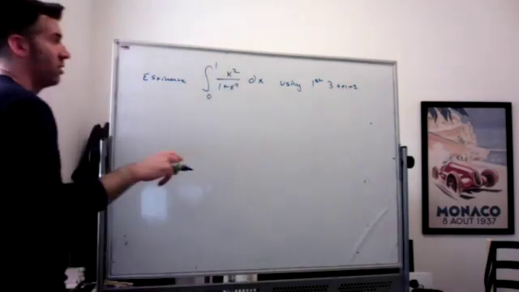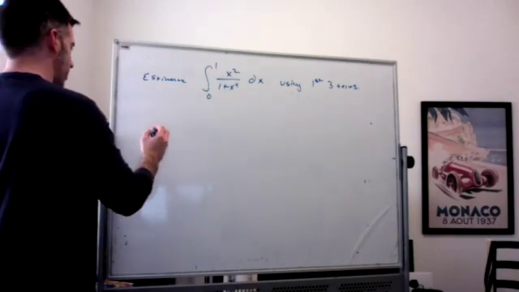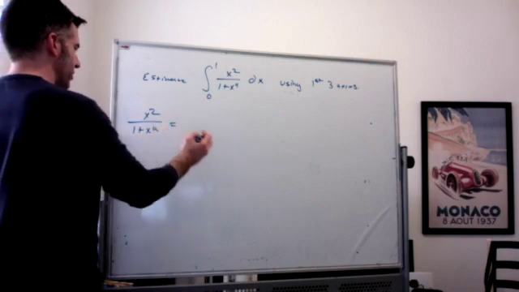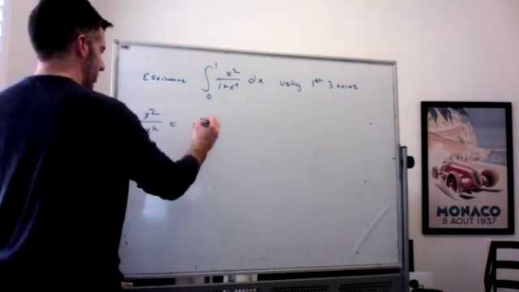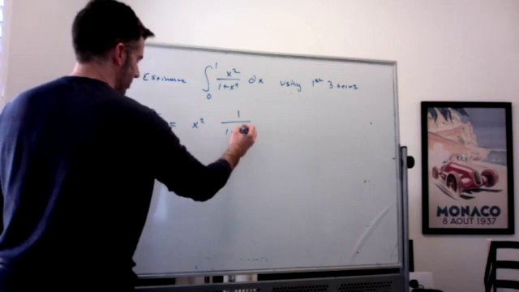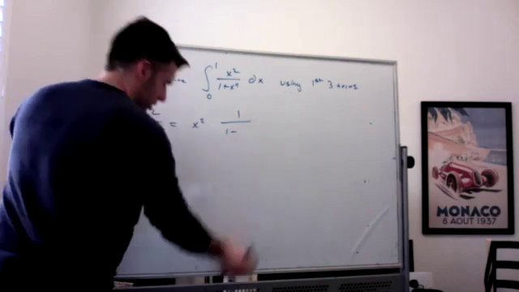So this looks geometric to me. I'm going to say that x squared over 1 plus x to the 4th is equal to x squared times 1 over 1 minus negative x to the 4th. So it looks geometric.